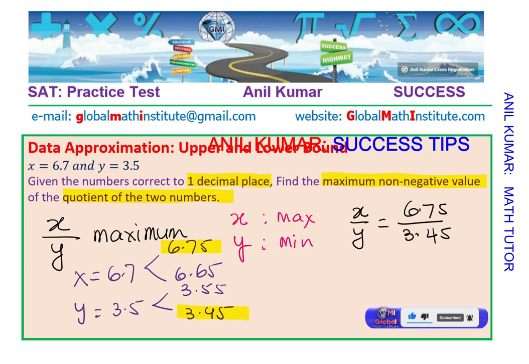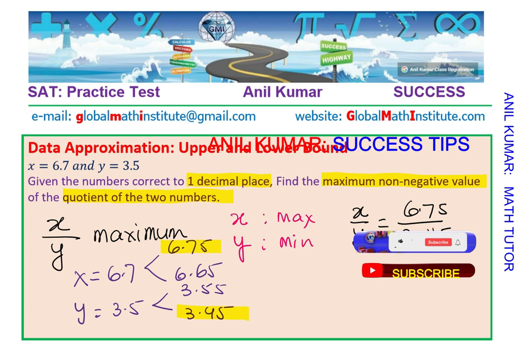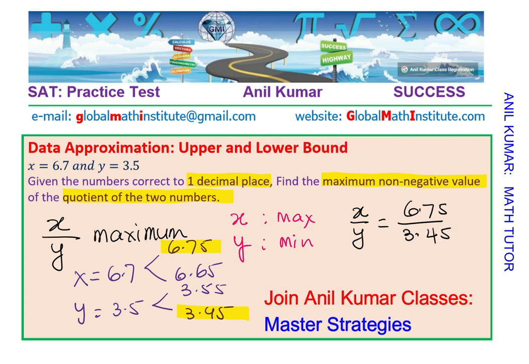If the calculator is allowed, which sometimes it is for some questions, you can use that, or you can just simplify this. Dividing by 5, you can actually simplify it, right? So you can divide and then get your answer.